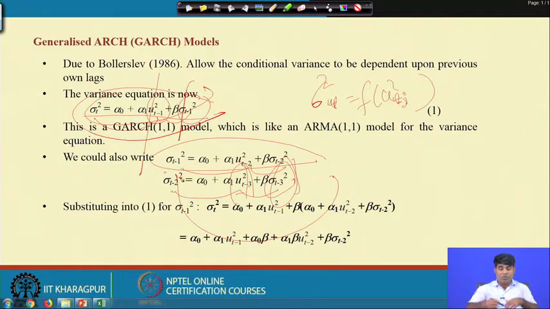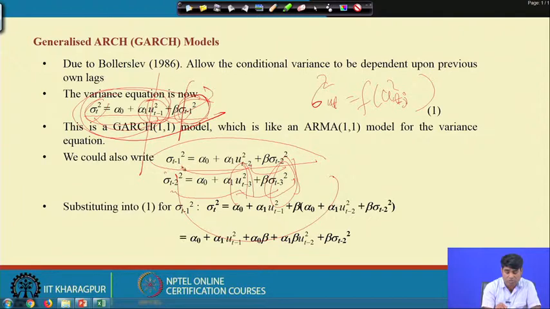Now, since it is a kind of autoregressive scheme, ultimately it will have a kind of extension. So, you put all these values. For instance, you start with sigma squared t and the square of the error term with respect to the first lag, and sigma squared t minus 1, the first lag variance, keeping other things constant.